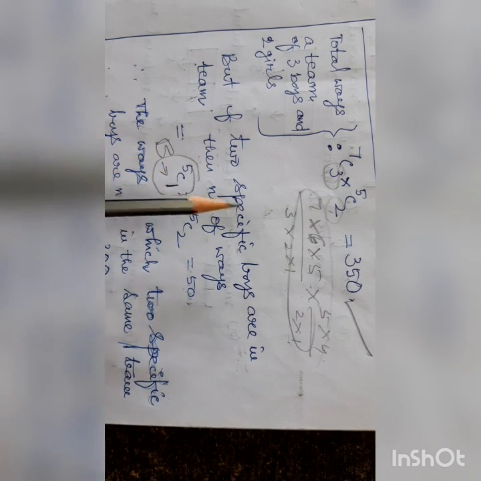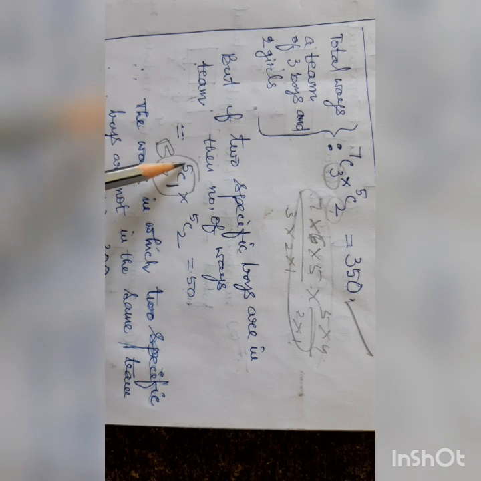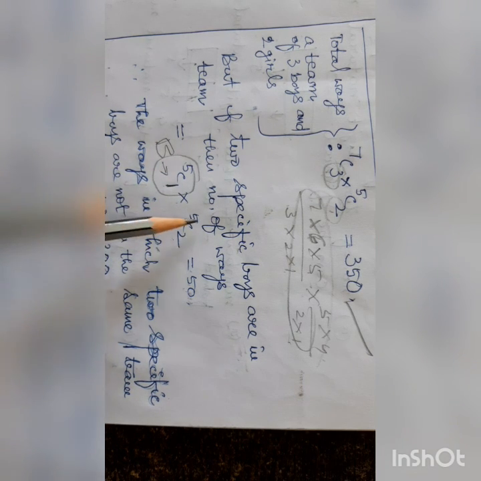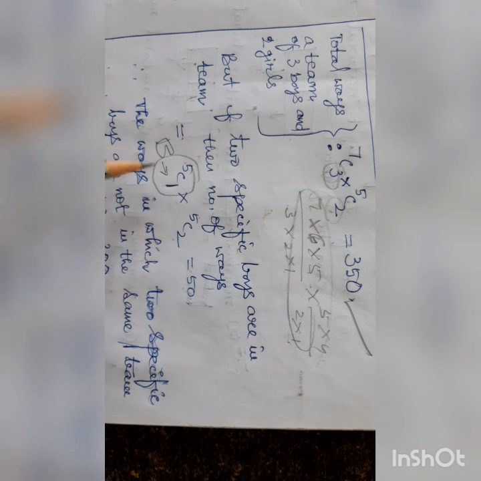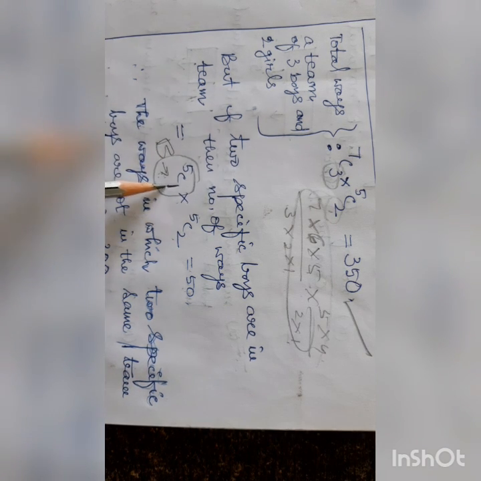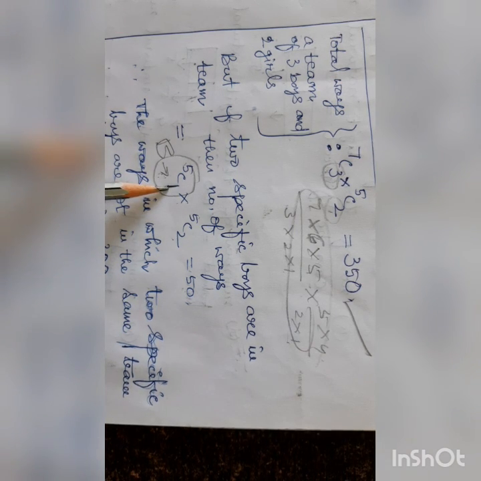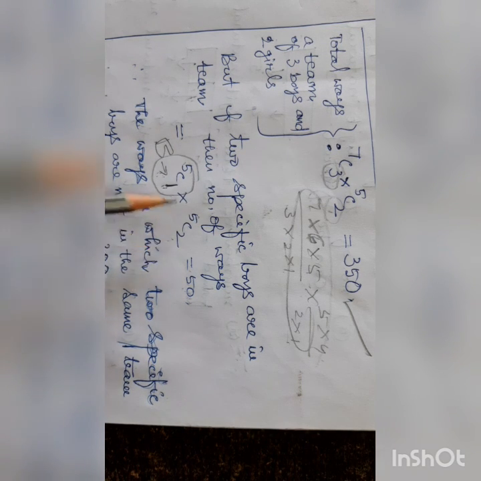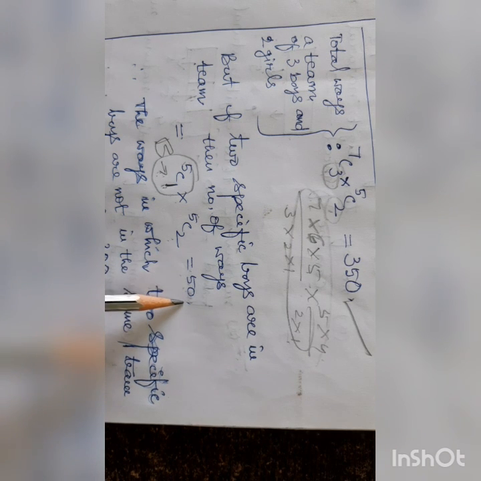So in total 3 boys we have selected: the 2 separately and the 1 from the 5, out of 7. Into 5C2, this is girls as usual, equals 50.